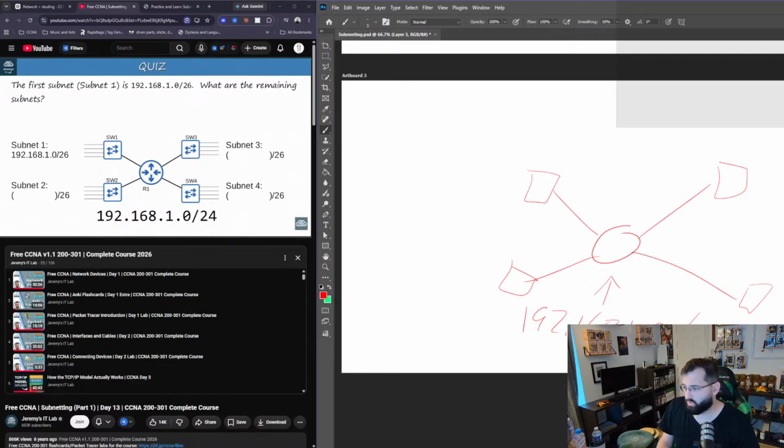Inside of here, we have a usable of, I think it's 256. Just double check. So 2 to the power of 8 is 256. Subtract 2, 254. So we have the 254 that need to go inside of these, because each one of these, didn't he say needed 45?